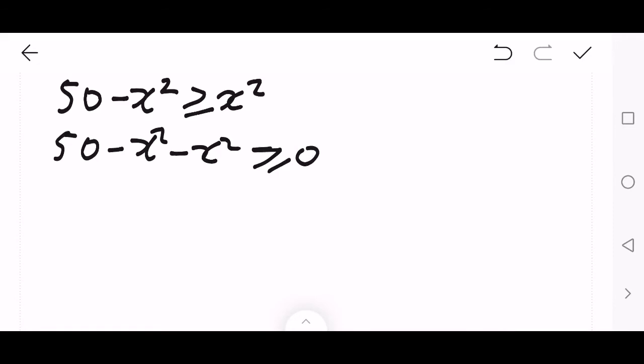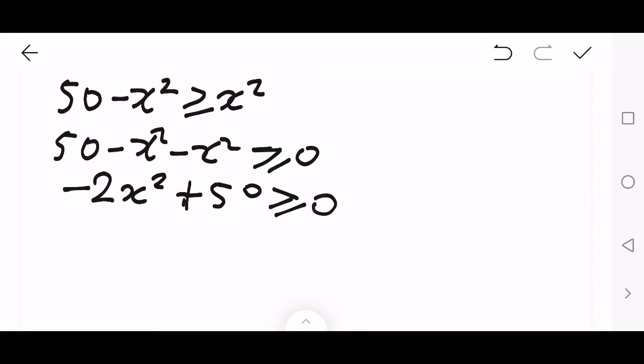So now we just need to add like terms, and we'll have minus 2x squared plus 50.